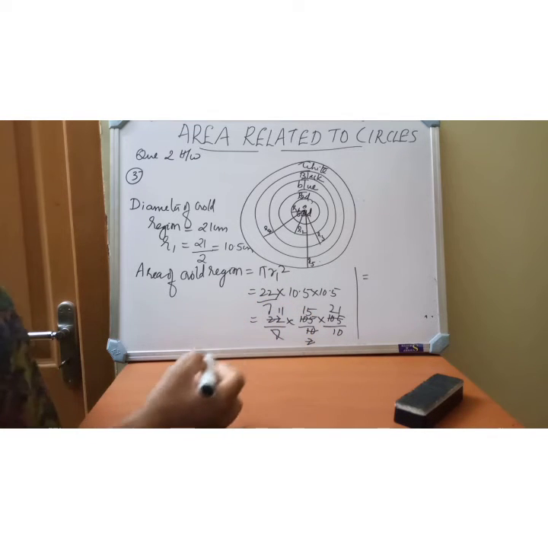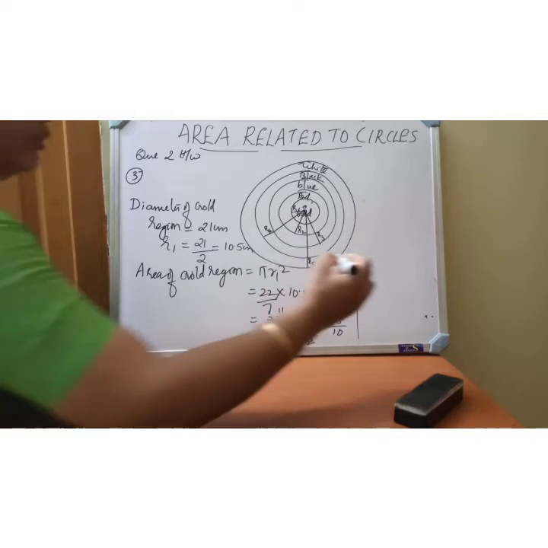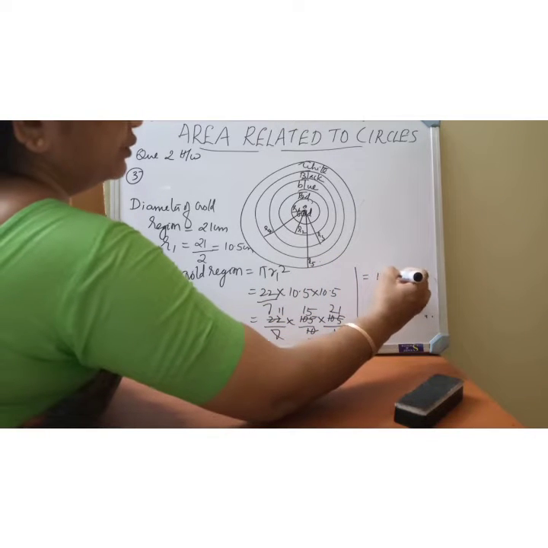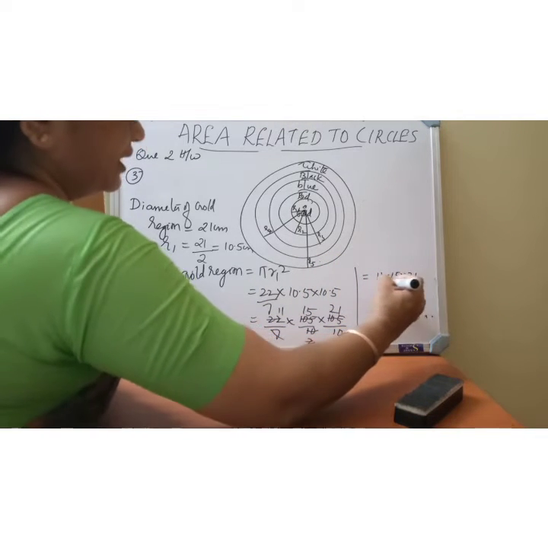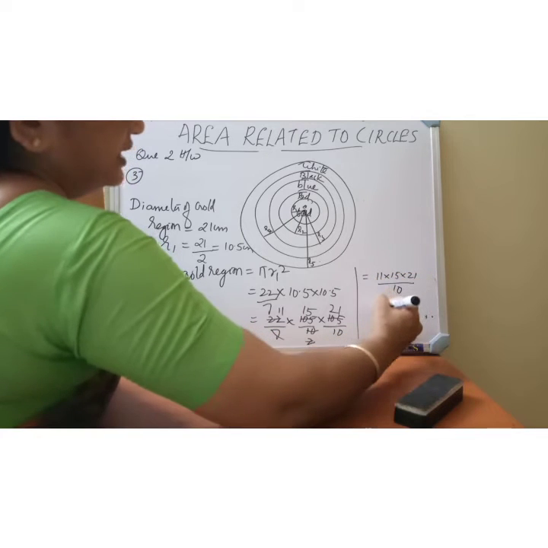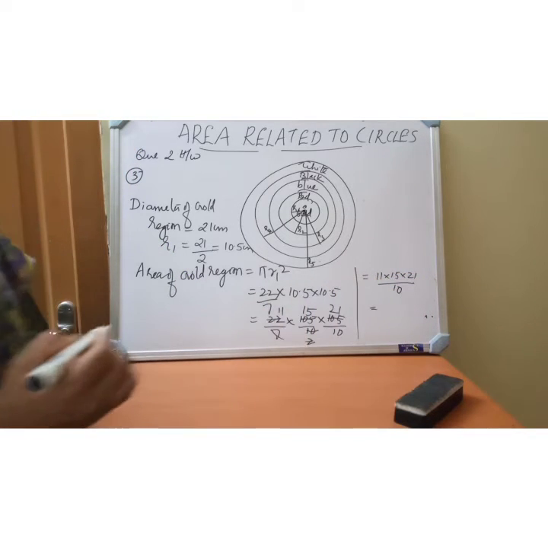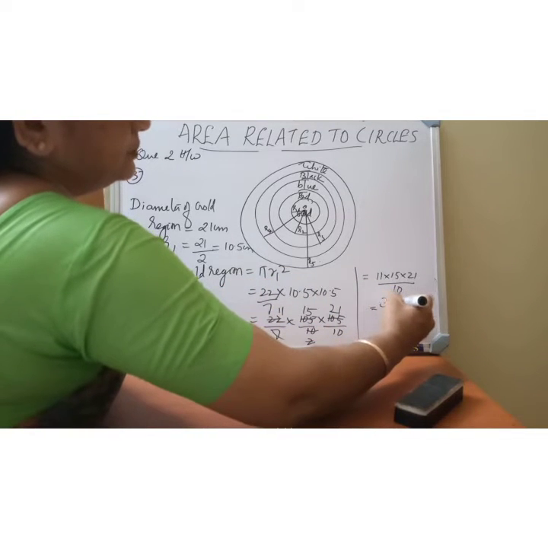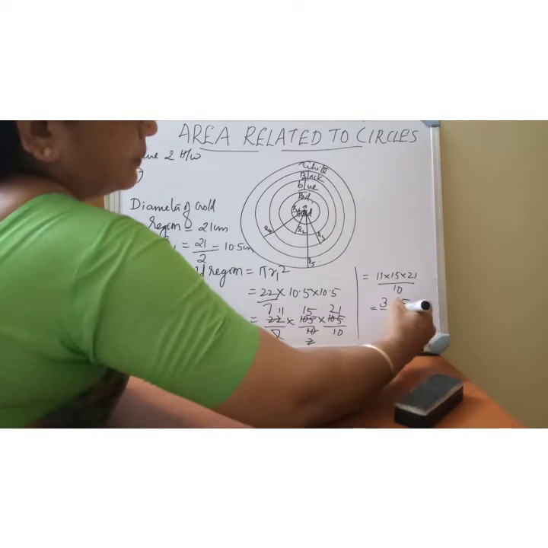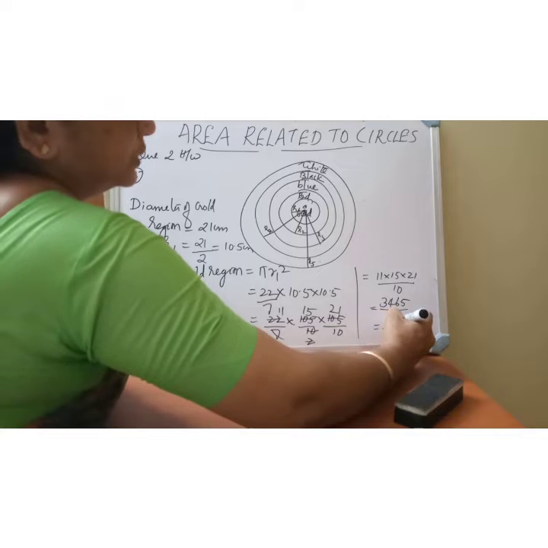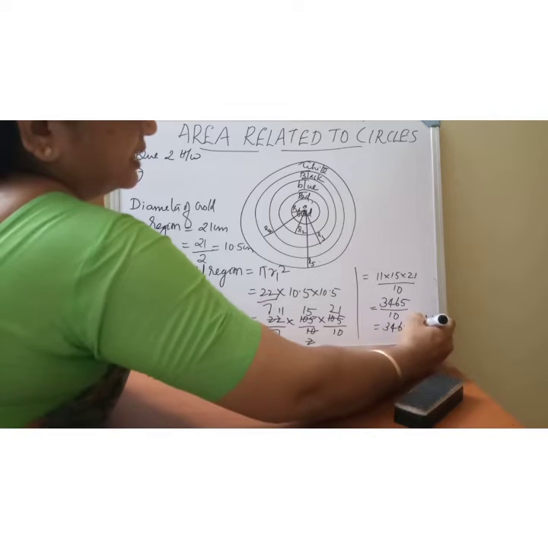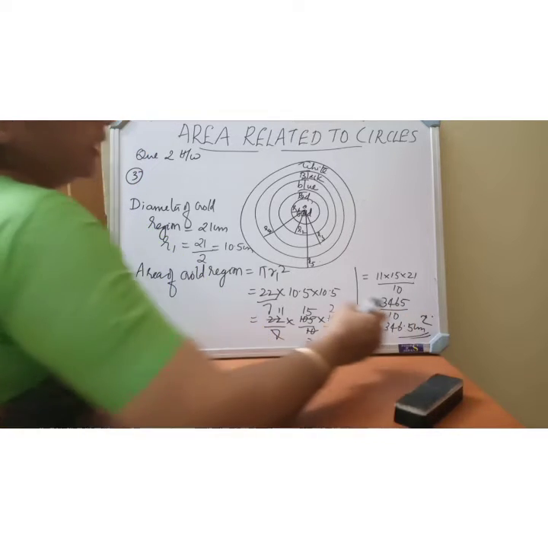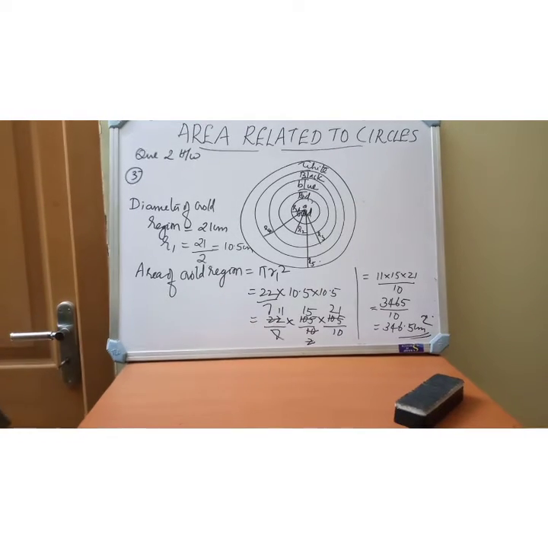The balance, if you are multiplying 11 into 15 into 21, divided by the denominator 10, that is equal to 3465 divided by 10, that is 346.5 centimeter square. So that will be the area of the gold region.